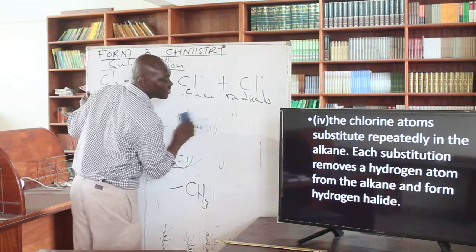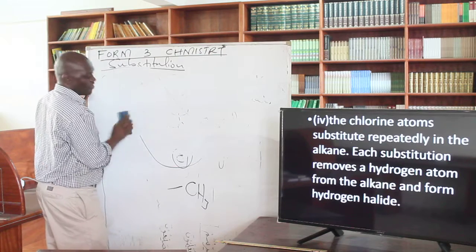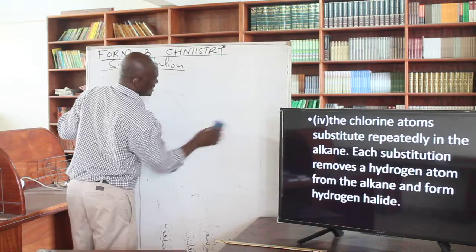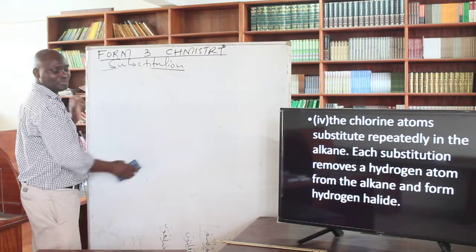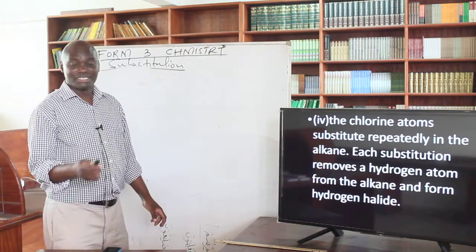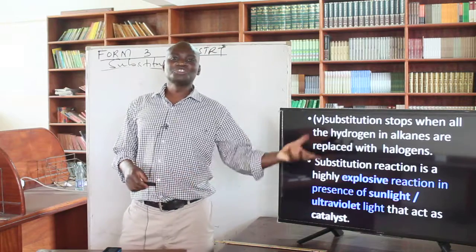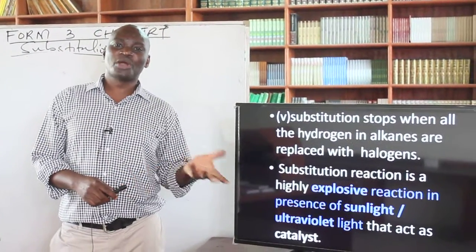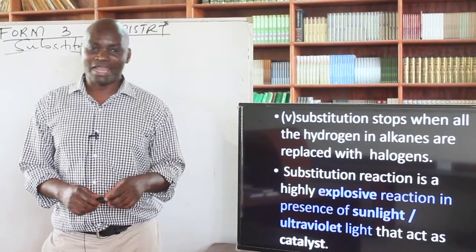So the substitution is continuous, until all the hydrogen atoms are completely substituted. The substitution stops when all the hydrogen in the alkanes are replaced with halogens.